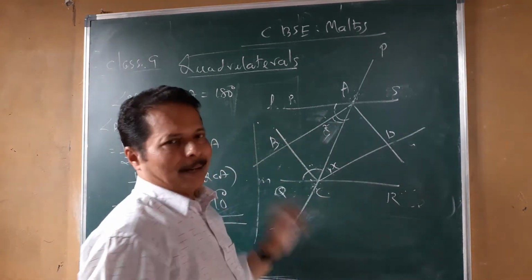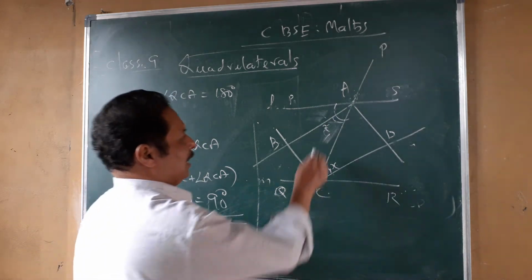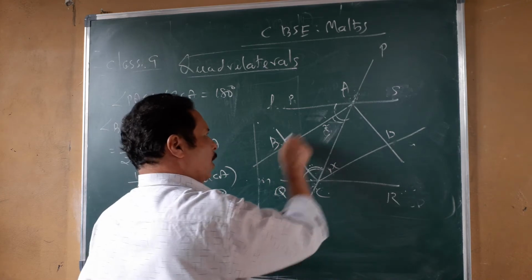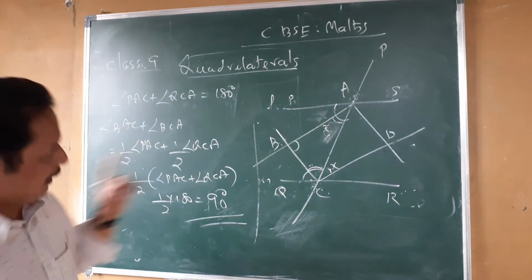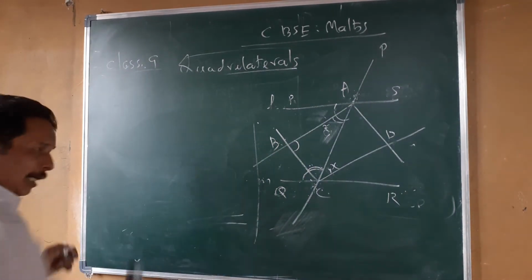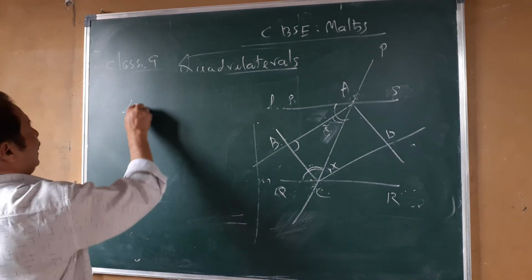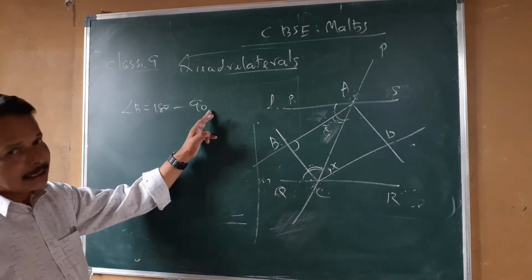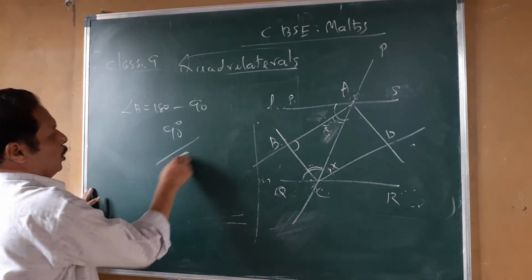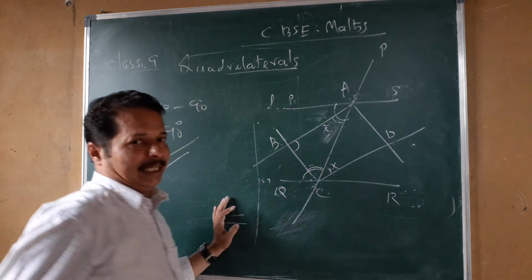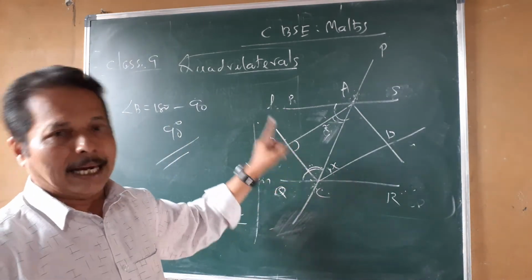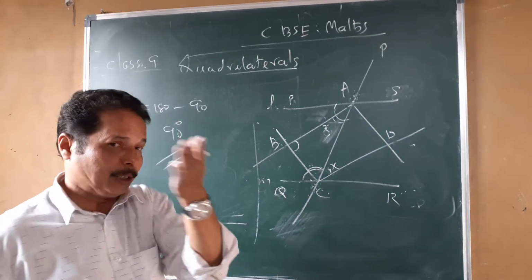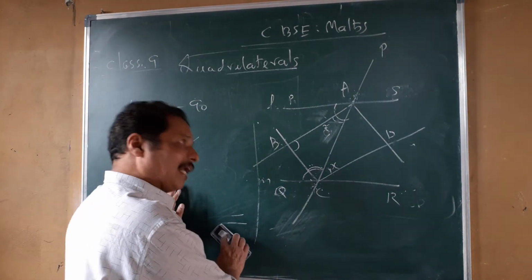So it is a parallelogram, and you add these two angles to get 90. Therefore, in triangle ABC, angle B equals 180 minus 90. The sum of the other two angles is 90. So ABCD is a parallelogram with one angle 90. Therefore, it is a rectangle, by the definition of a rectangle that you studied.